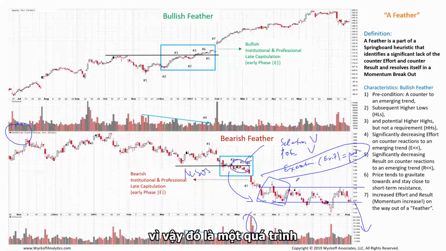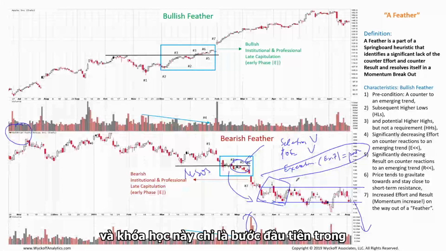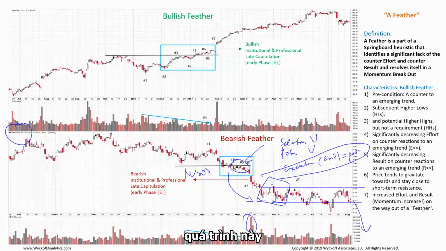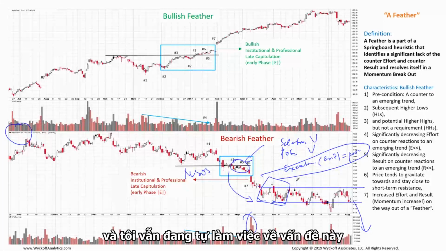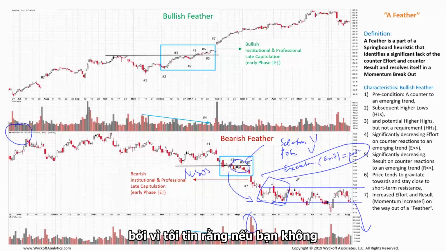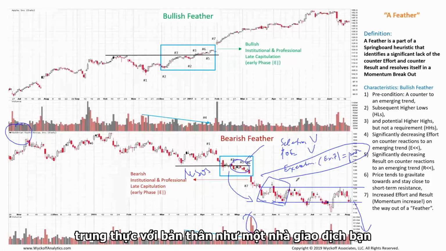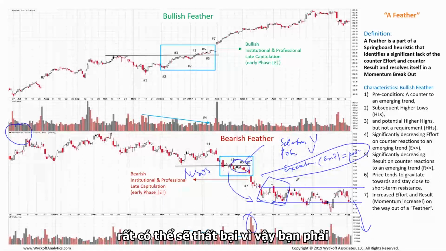So it's a process, and this course is just a first step in this process. And I'm still working on this myself, believe me, guys. I'm extremely honest with all of you always, because I believe that if you're not honest with yourself as a trader, you're most likely going to fail. So you have to expose yourself.